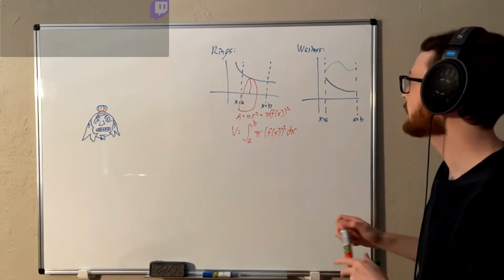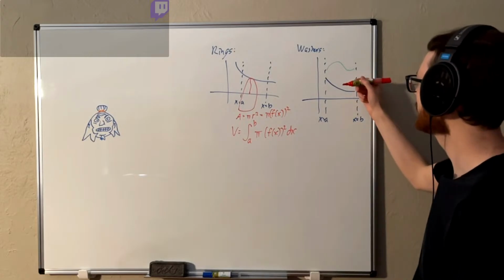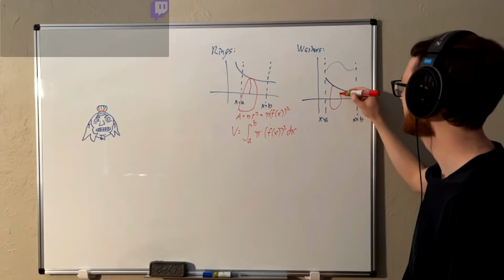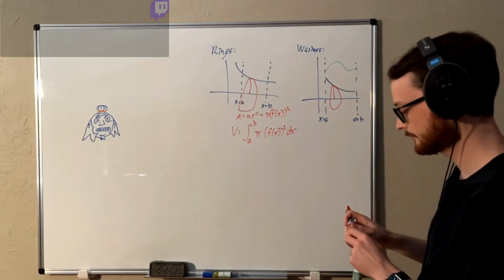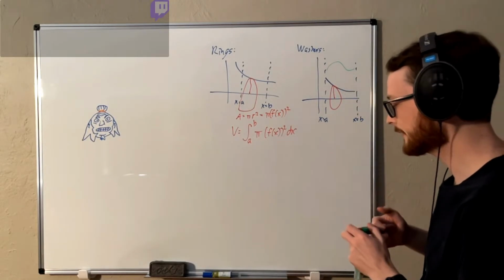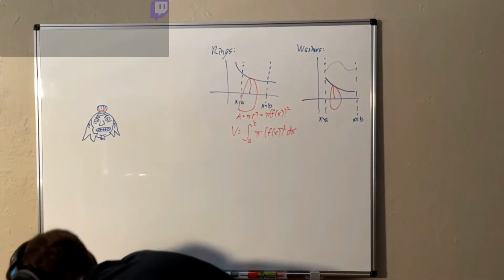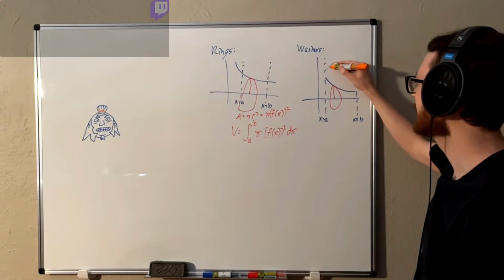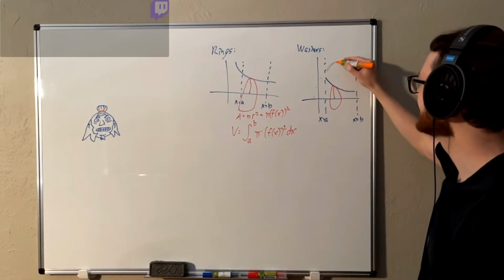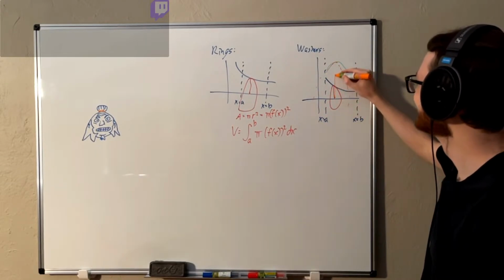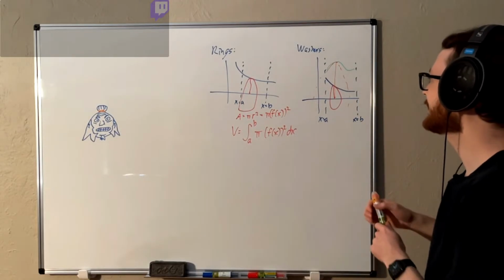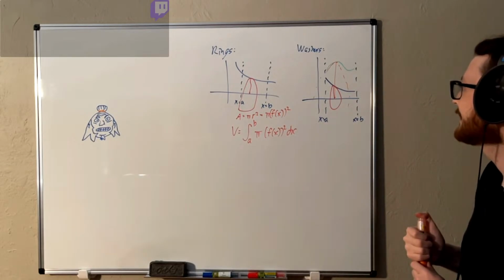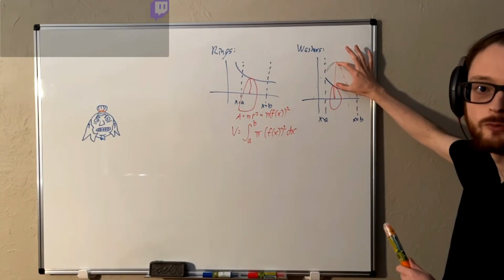All we're doing for washers is we're doing rings for the lower function, and then at the same spot, we do a ring for the higher function. This is going to be way too big for me to want to actually draw, but we're taking the bigger one and subtracting the smaller one. And so that's how you get the area just in between the two.